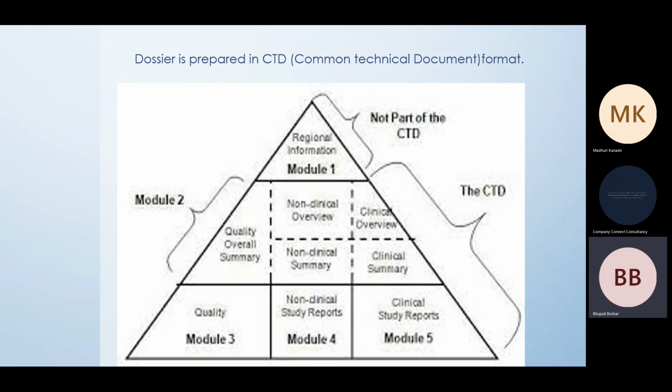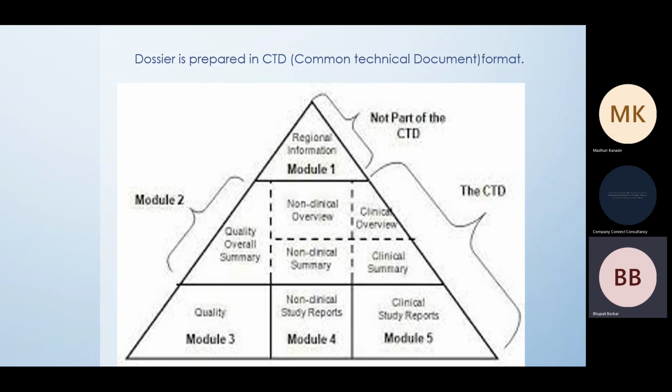All this is included in your module 3. So in short, the summary of module 3 goes into your module 2 as QOS. Secondly, you have module 4 that will include your non-clinical data. Module 5 will include your clinical data. And the summary of all this goes into module 2.